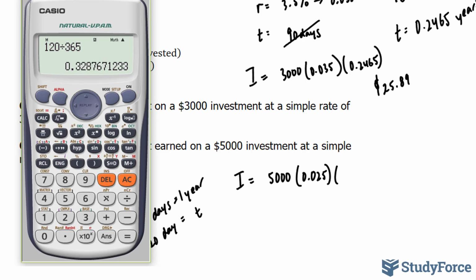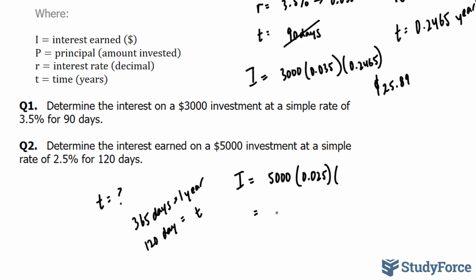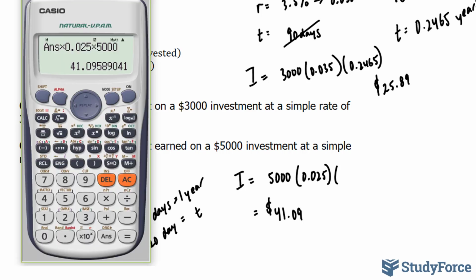So I'm going to multiply this number now by 0.025, and I'm going to multiply that by 5,000, and this gives me $41.09 earned in interest.